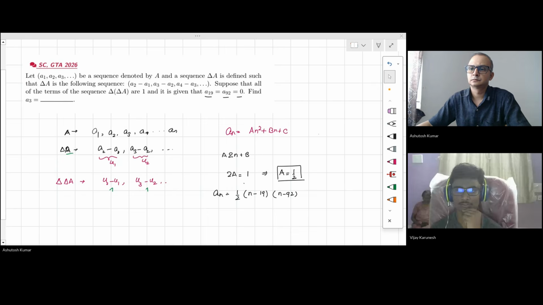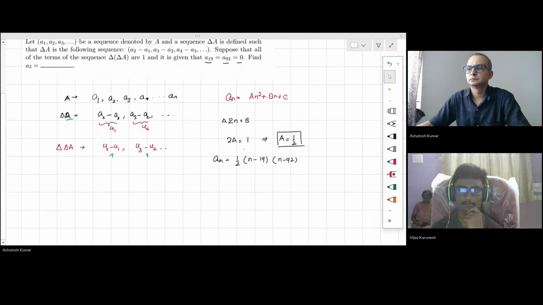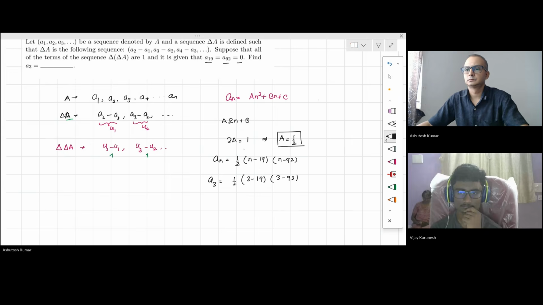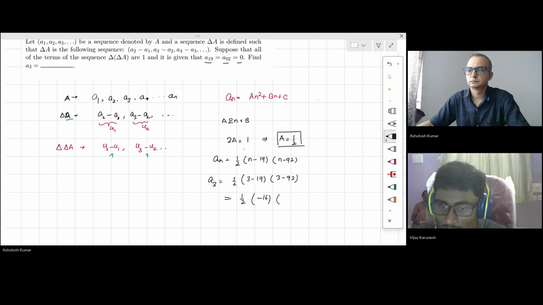And now they're asking to find A3. So substitute n is equal to 3. We get half times 3 minus 19 and 3 minus 92. Calculate it: 3 minus 19 is minus 16 and 3 minus 92 is minus 89. So what do we get?